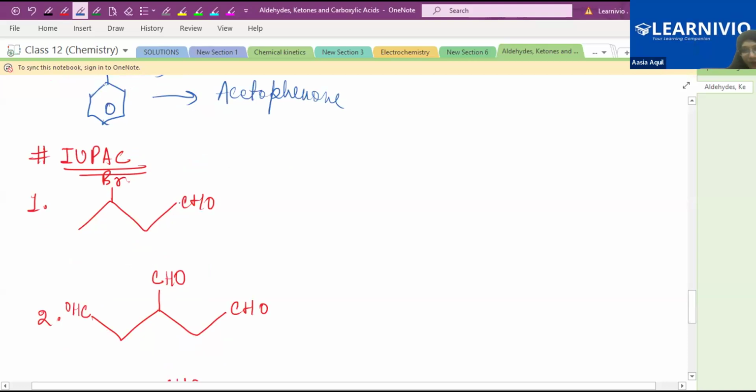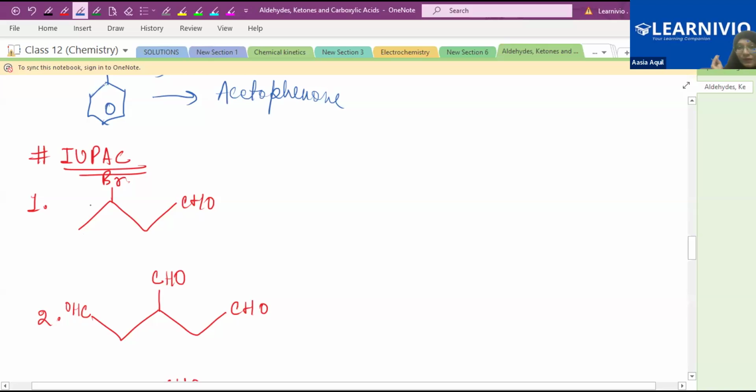So this is the first carbon. You will include this 1, 2, 3, and 4. But you have to be focused here, because you have to give bromine the lowest number, because this CHO is a part of the parent chain. Even if you don't number it, you know very well where the aldehyde group is present.